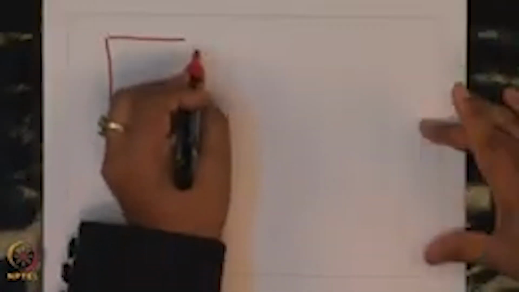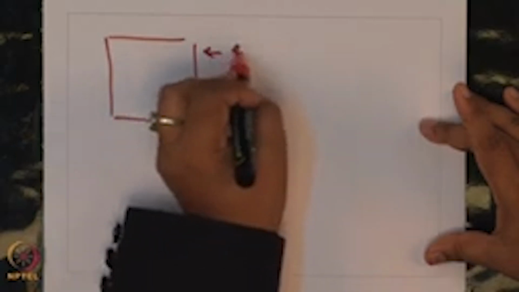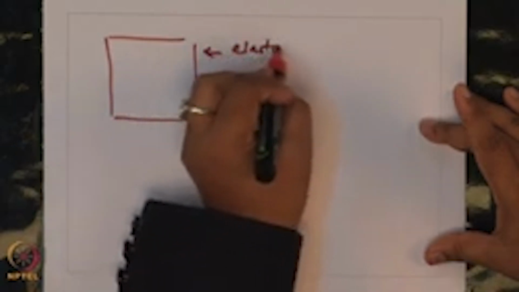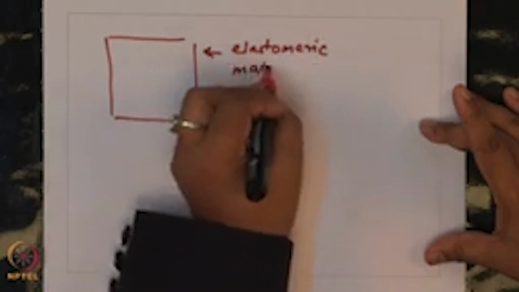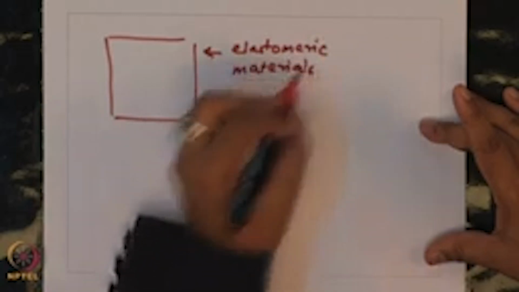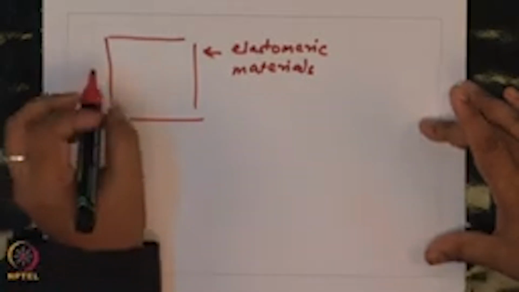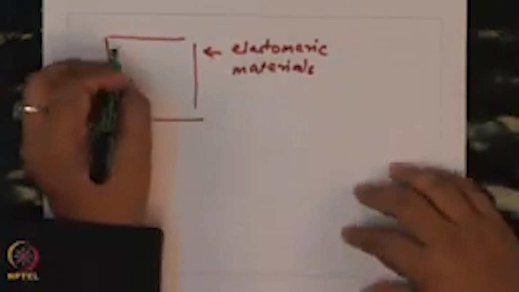For that purpose, to actually be in a position to measure forces, what people have done is they have taken elastomeric materials, and what you can do is you can pattern them.